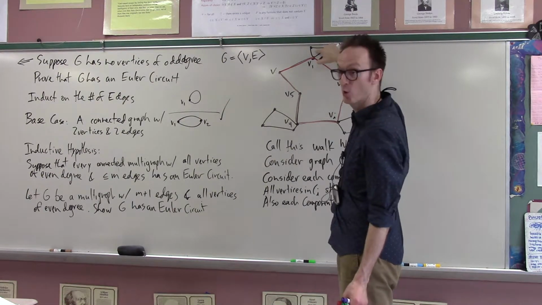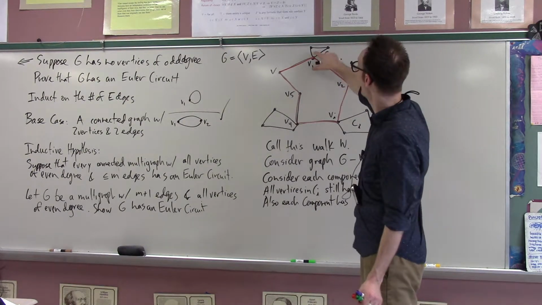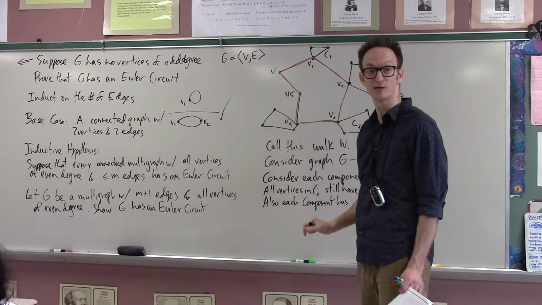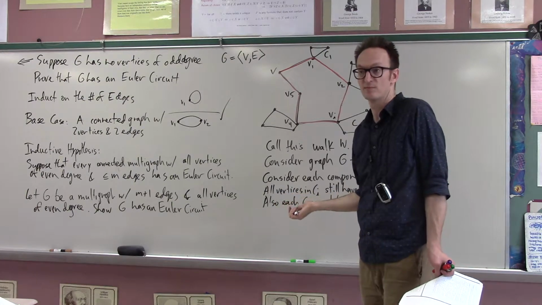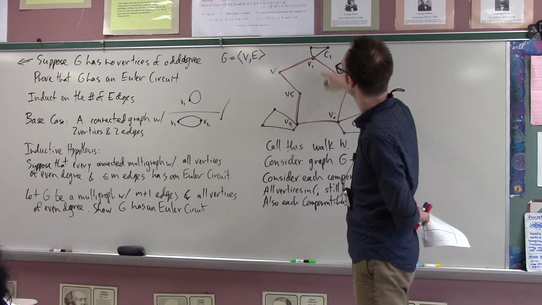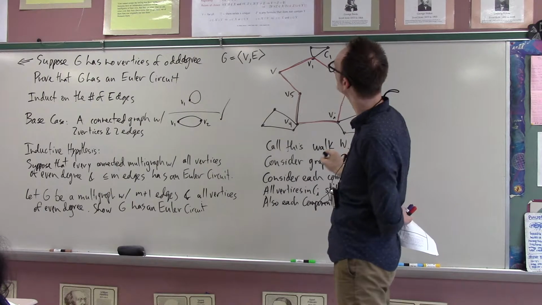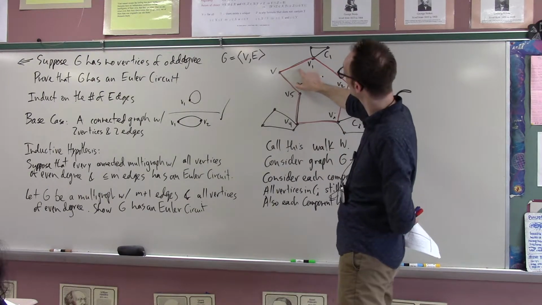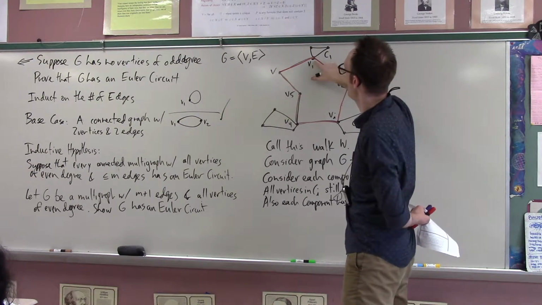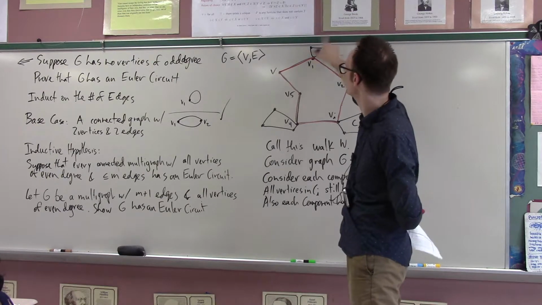So any component in G minus W is going to be touching one vertex along this path of this walk W, because otherwise it would be disconnected. So wherever this component that got disconnected by removing these red edges connects to the original walk, we'll loop it in and do the Euler circuit that starts at that vertex of connection and then goes around.